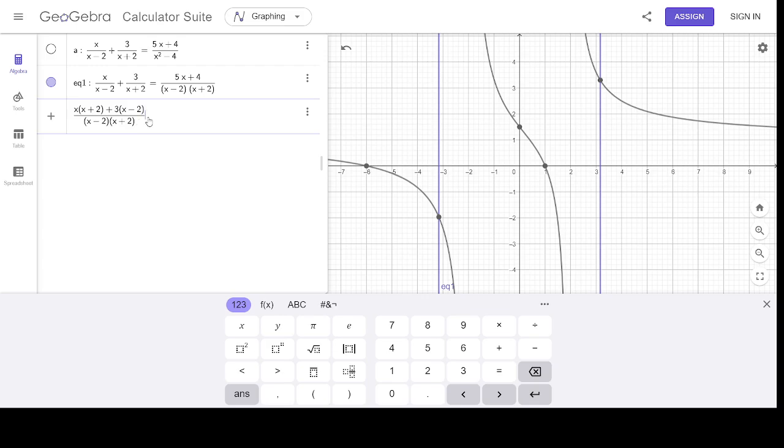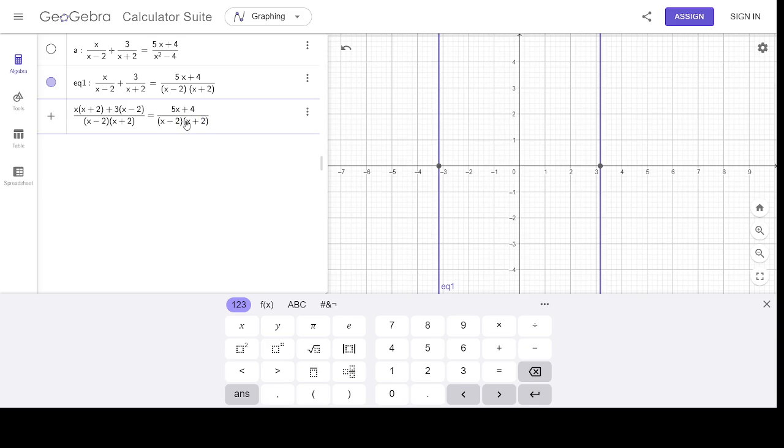Then we say is equal to another fraction there. So this is 5x plus 4 over x minus 2, x plus 2.